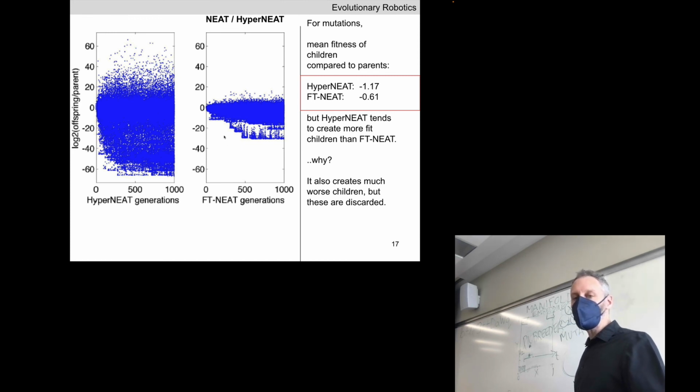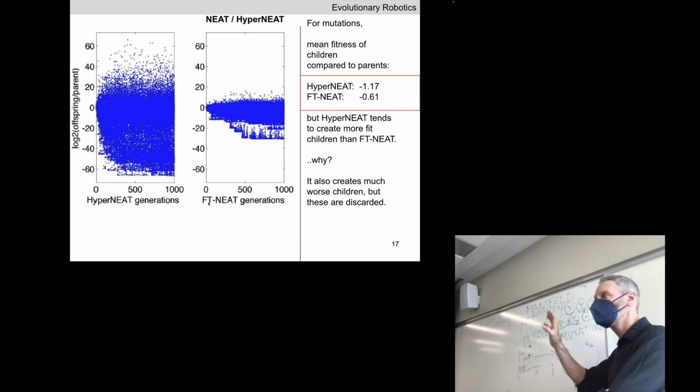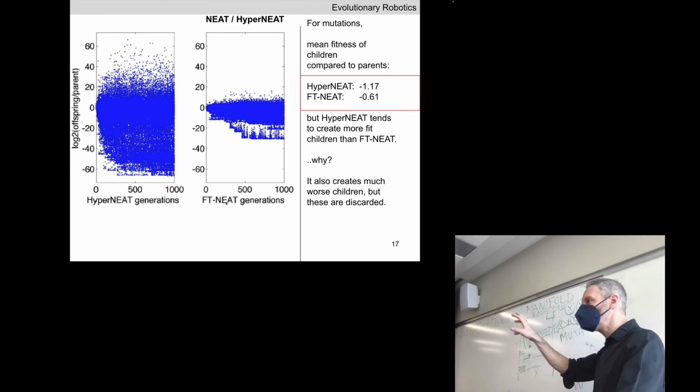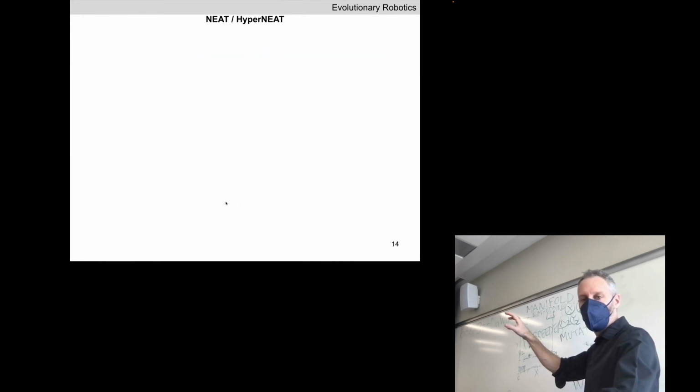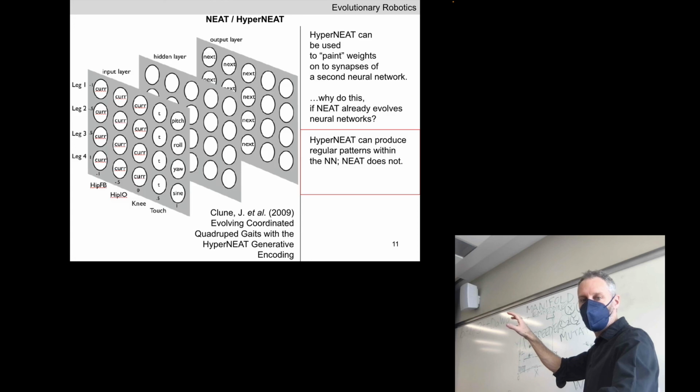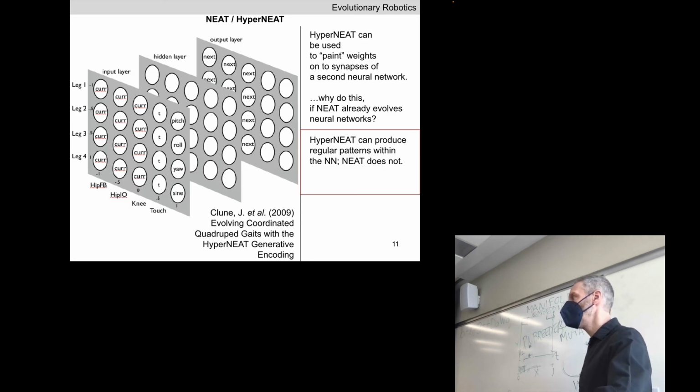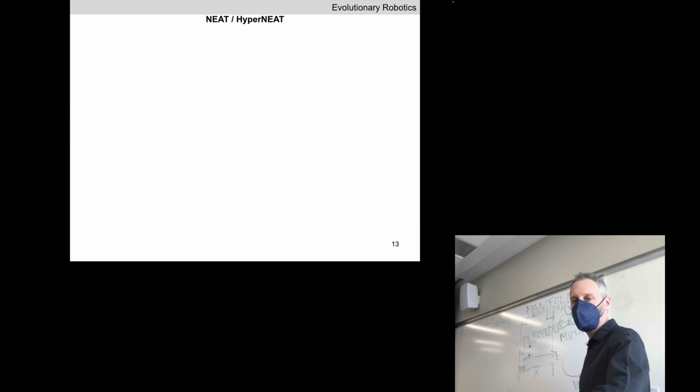However, if we look at the control experiment over here, remember that in FT-NEAT, this stands for fixed topology NEAT. In this case, NEAT is evolving the synaptic weights of the neural controller directly. It's evolving the weights inside this network. No CPPNs, no adding, removing neurons or synapses.